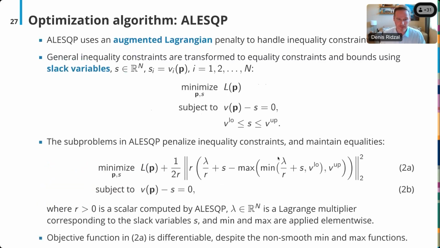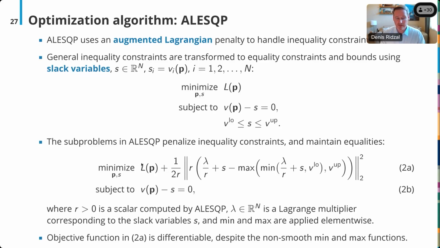All right, so for the optimization, we use the recently developed ALSQP method, which is an augmented Lagrangian penalty method. A unique feature of it is that we use the augmented Lagrangian for the inequality constraints. In this method, general inequalities are transformed to equalities and bounds using slack variables. So we transform the problem from the previous slide into this problem. We just have an equality constraint now with the slack variable s, and then we put bounds on the slacks.